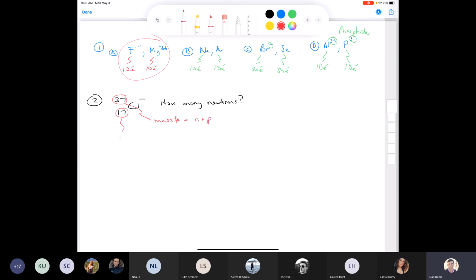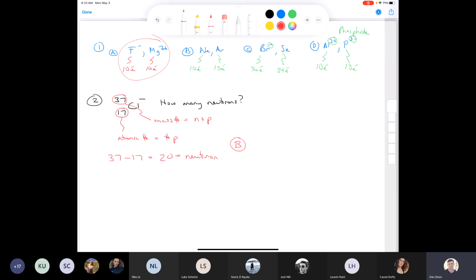And this number down here is the atomic number, which just equals the number of protons. So if 37 is equal to the number of neutrons and protons, and I know the number of protons is 17, I take 37 minus 17 and I get 20, which is equal to my number of neutrons. And 20 is answer B. So 20 neutrons in that isotope of chloride.